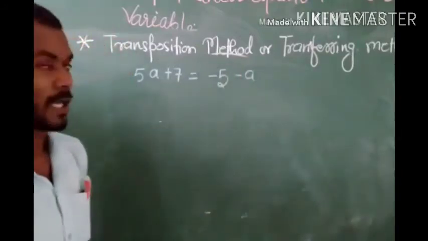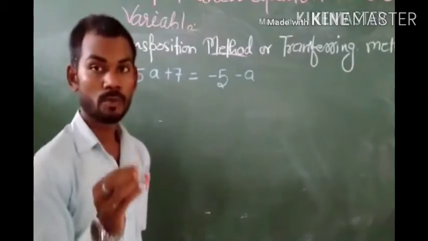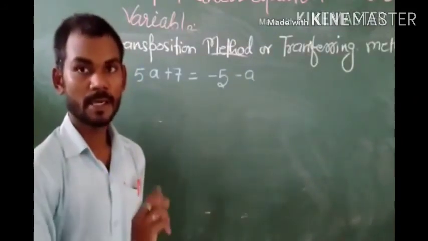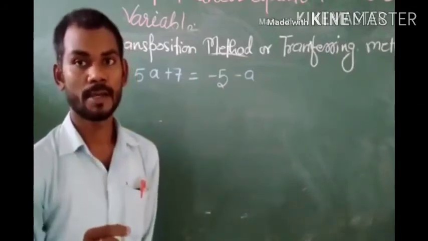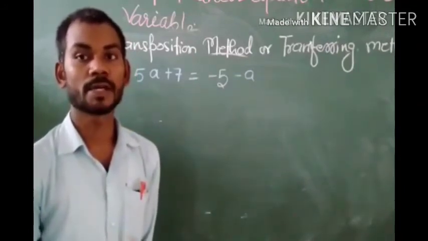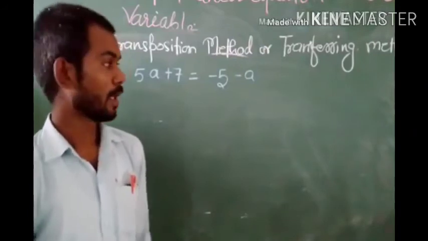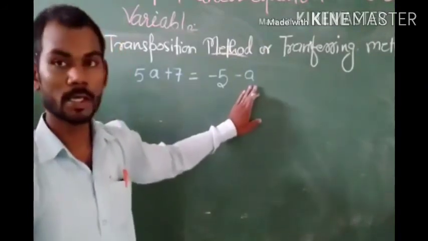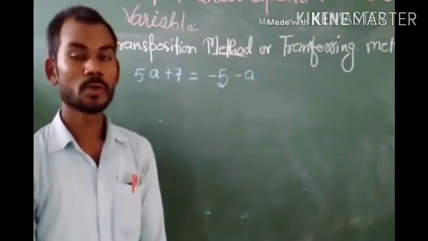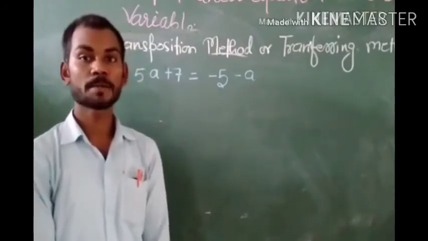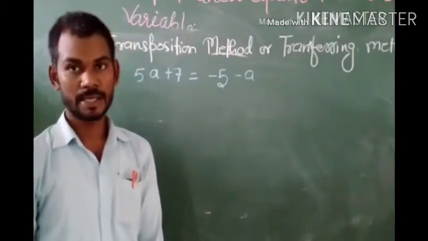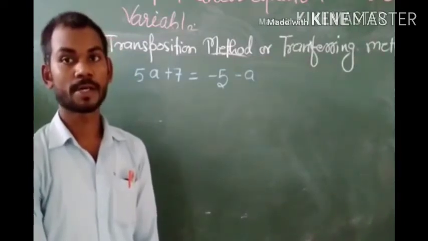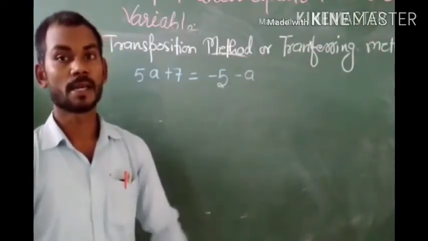Here we can see that both sides, left hand side and right hand side, have constants as well as the variable, and the variable is denoted here by a. So here we need to transfer the variable quantity to one side and the constant quantity to the other side.